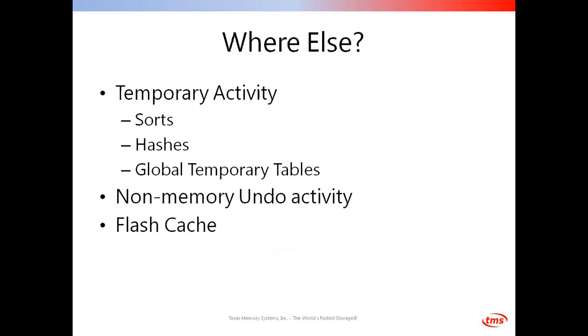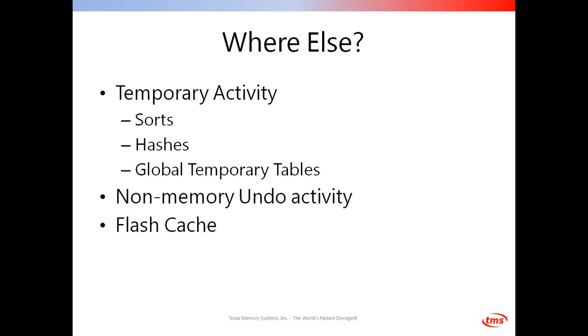If you do a hash where you're doing some type of a join with two full tables, that also has to be performant, especially if it ends up going to disk. And any use of global temporary tables, bitmap indexes, if things aren't properly tuned or if there's not enough resource to service it in memory, it has to go to disk. So again, all these types of writes are very critical to service very quickly.